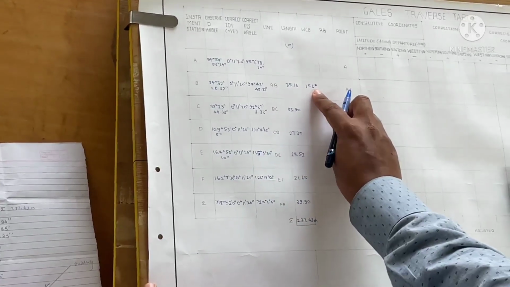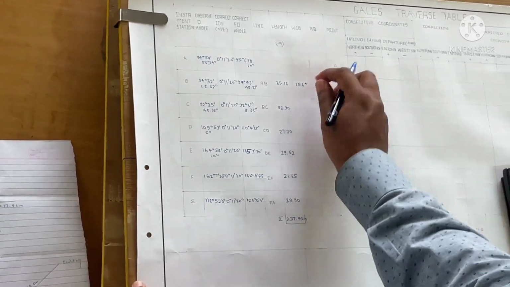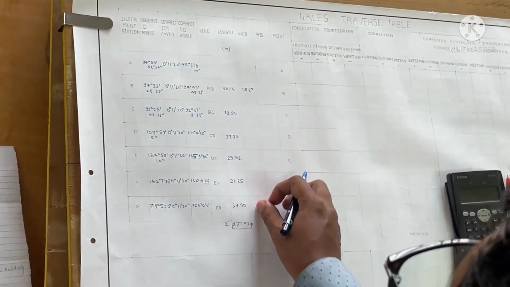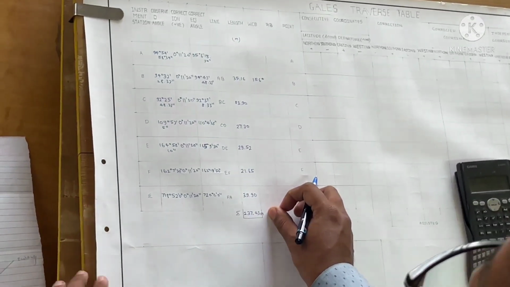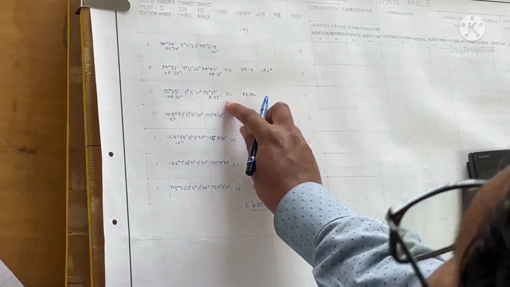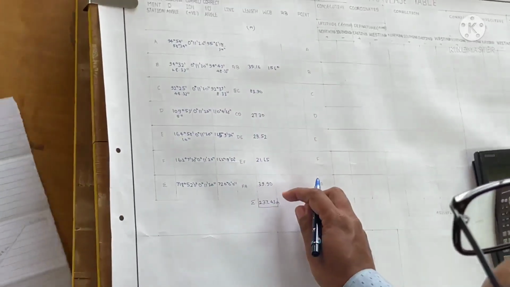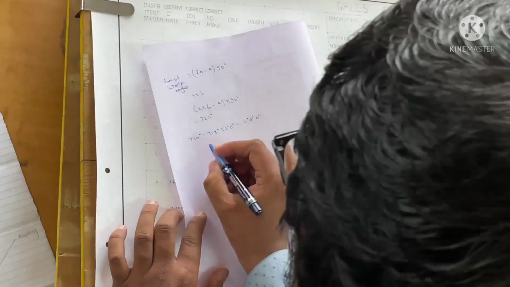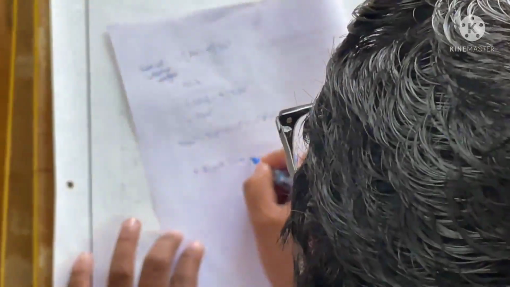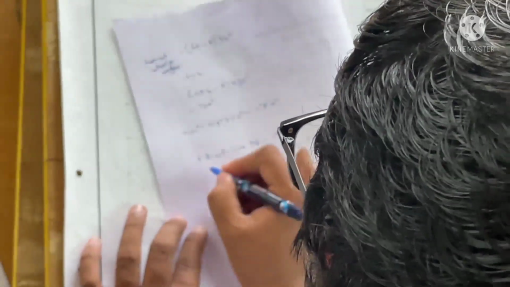So with the help of the reference of WCB of AB, we are going to calculate the WCB of each and every line. Now in order to calculate the WCB of BC, what is the rule? So we will write down here, for bearing of line AB, it is 156 degree.